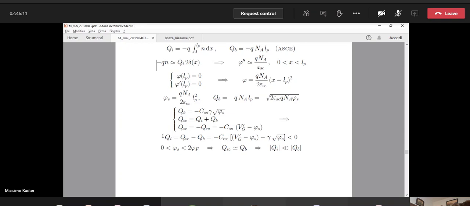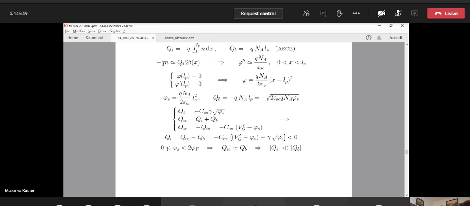Then, if we are in the strong inversion condition or at the threshold of the strong inversion condition, Qi is non-zero. If Vg prime is smaller than the one that reaches the threshold, then phi s will also be smaller, and the brackets will go to 0.